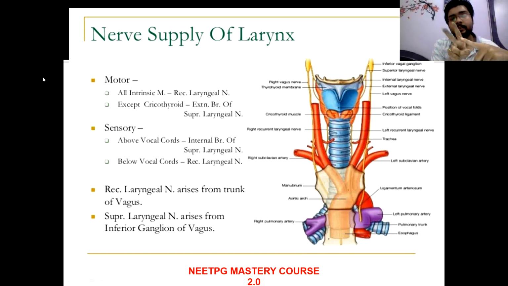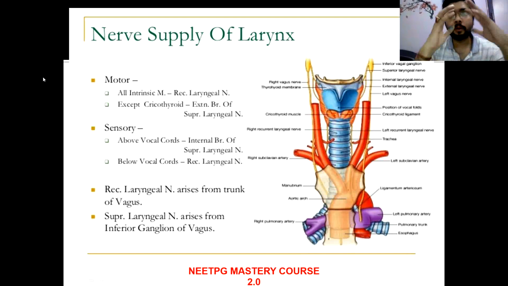The superior laryngeal nerve has two further branches, external and internal. The internal branch of the superior laryngeal nerve is sensory and the external is motor.